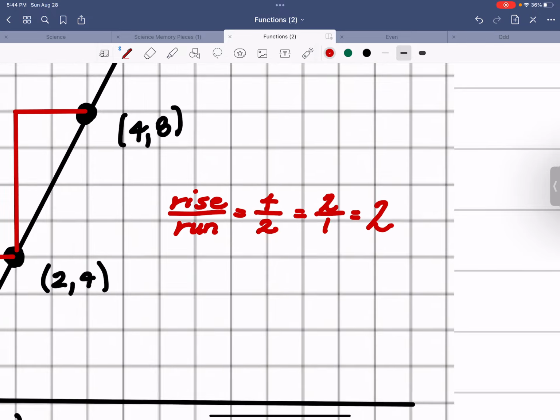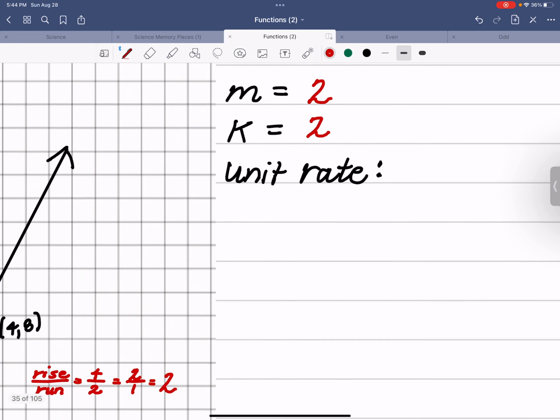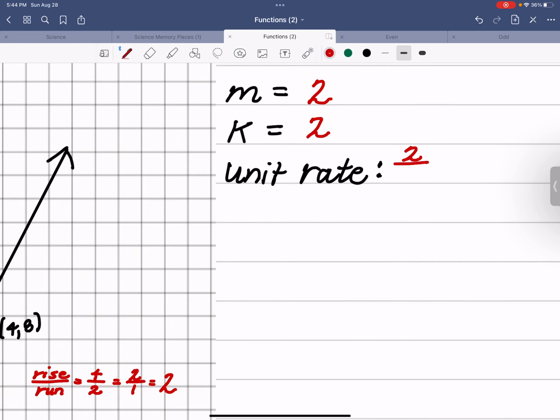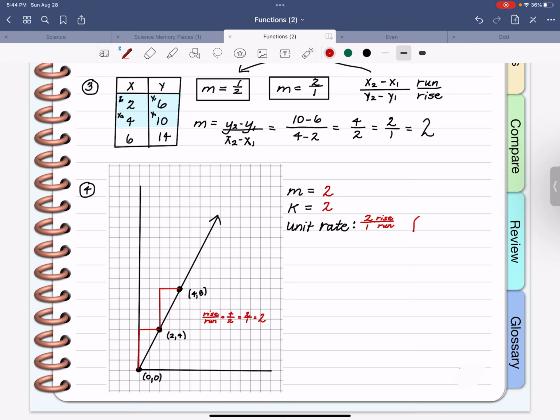So for my slope up here, I'm going to say that slope is 2. The constant of proportionality is 2, but the unit rate is 2 over 1. So that means we rise 2 and run 1. And we're supposed to plot that point. So this would be the point 1, 2.